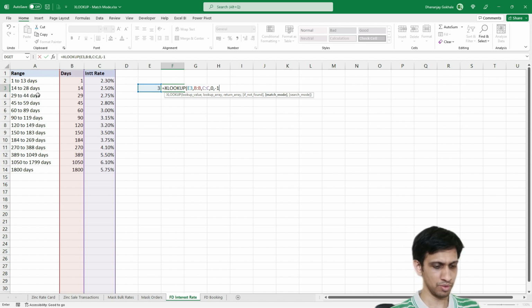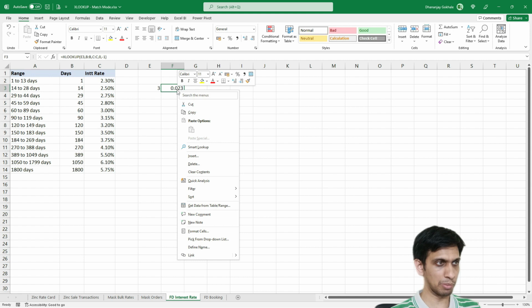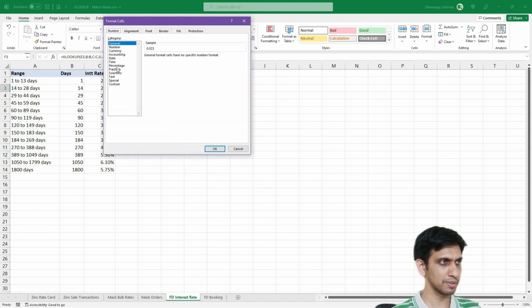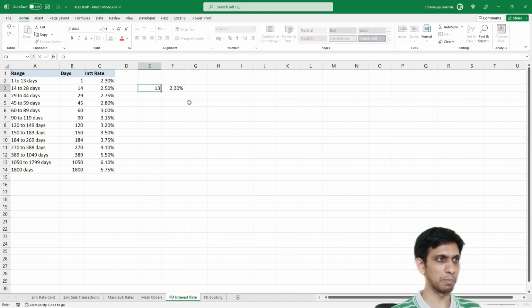Bracket close. Let's see what the rate is. Let's format this cell to percentage. Okay, 2.3. So up till 13 days, the rate would be 2.3%.